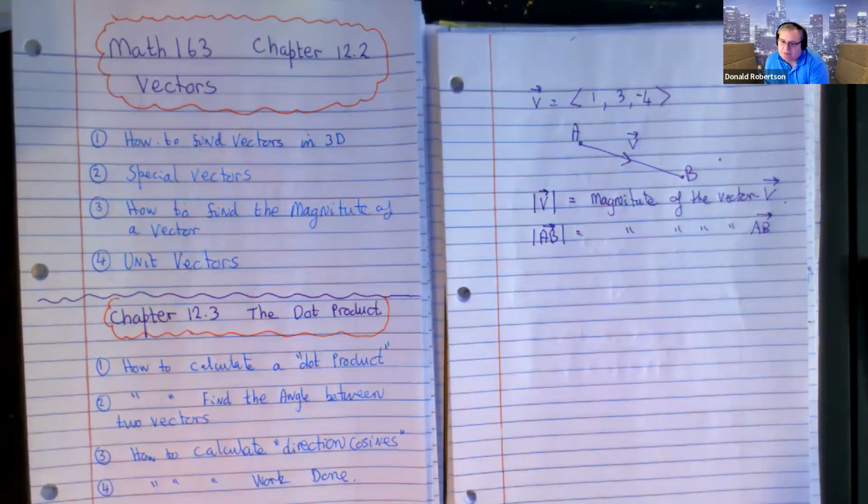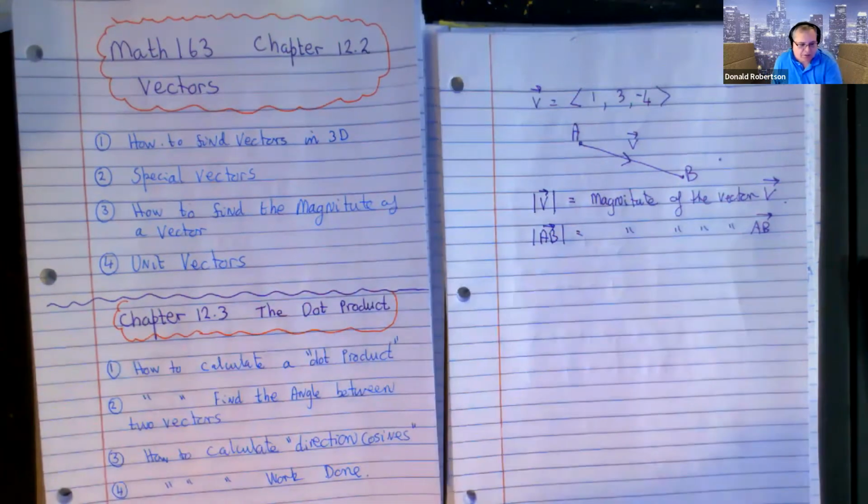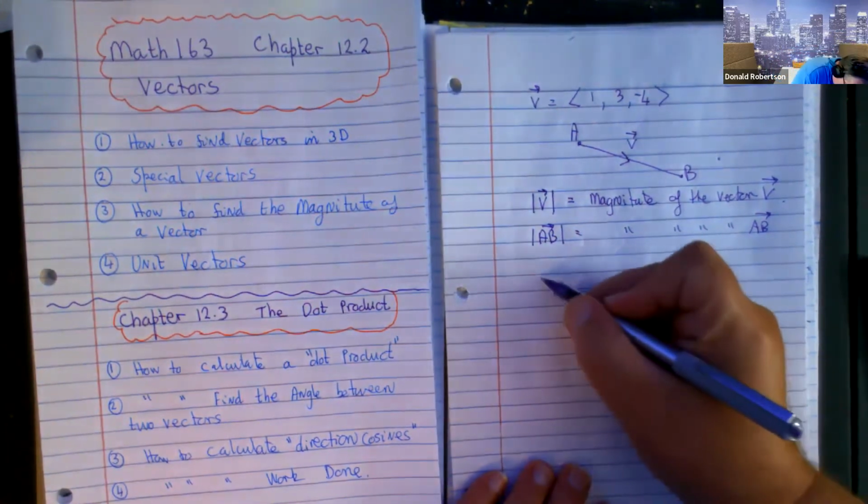Does anybody remember, those who've dealt with vectors, the formula for calculating the magnitude of a vector? Anyone remember that? Nothing comes to mind? Okay. Let me show you it then.